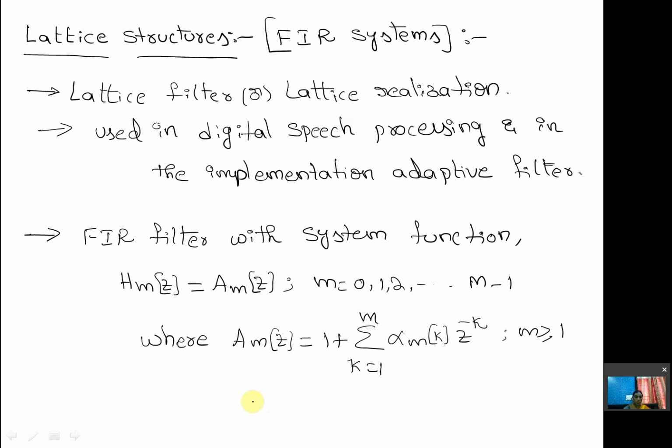That means A_0(z), that is A_m(z) at m = 0, is always 1. So now consider it like this.